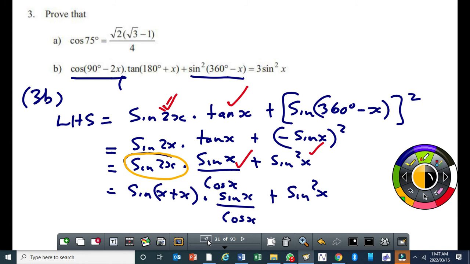All right, let's move on to 3A. 3A, I'm going to do it.